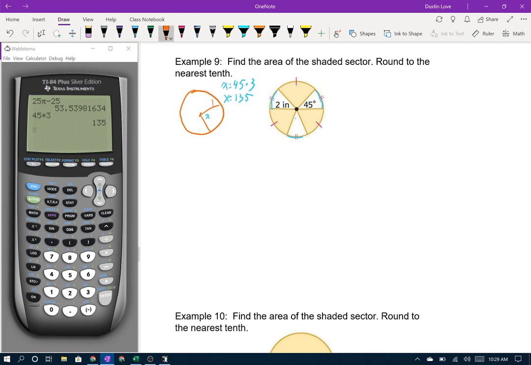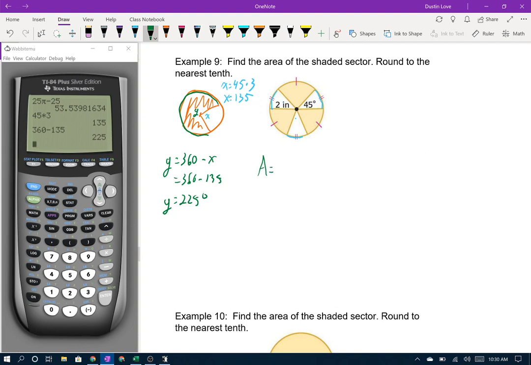Now, to find my shaded area over here, I want to know the measure of this arc, which I'm going to call y. 360 minus x, or 360 minus 135. My brain ain't working today. 225 degrees.